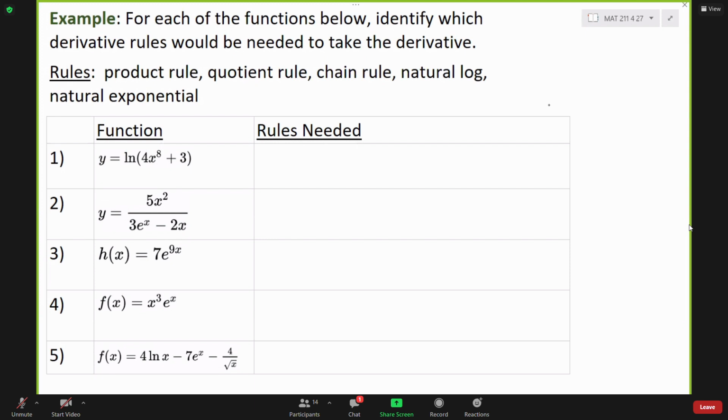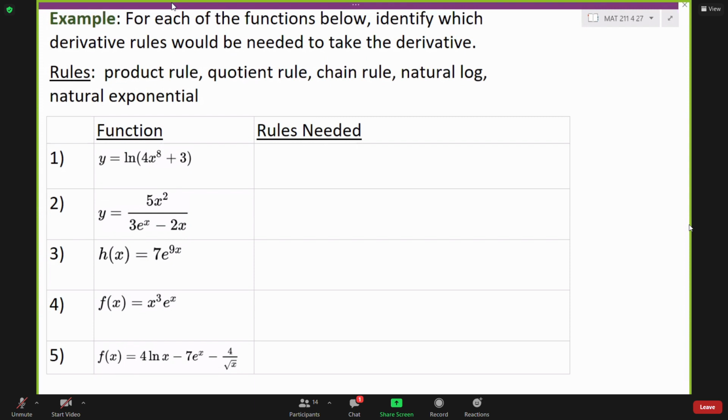Before we actually do any of these, I want to go over at least some of them. We could do all of them if we want to. But before we go over any of them, I want you to think about, based on looking at the function, which rules do we need?